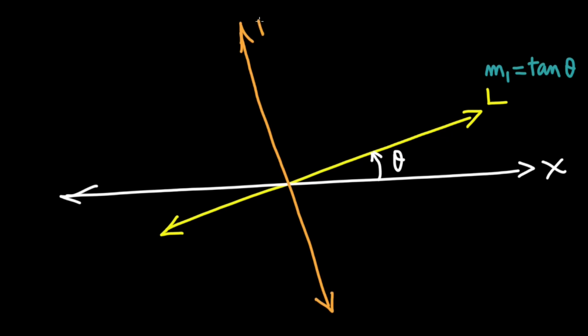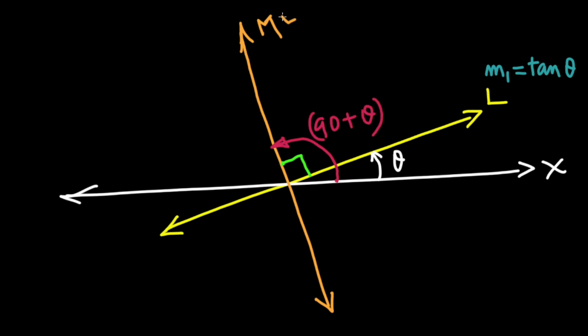Suppose line L has inclination theta, so its slope m1 will be tan theta. What will be the slope of line M which is perpendicular to line L? Inclination of line M will be 90 plus theta.